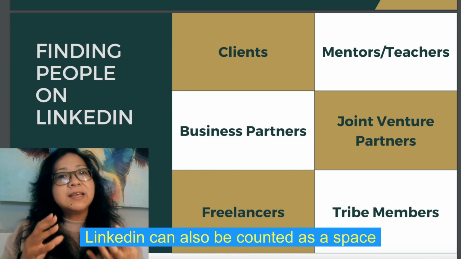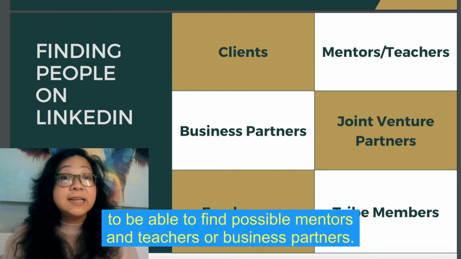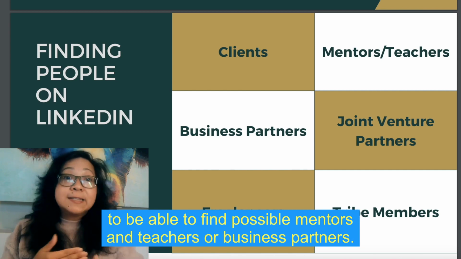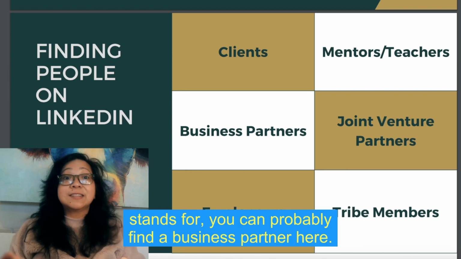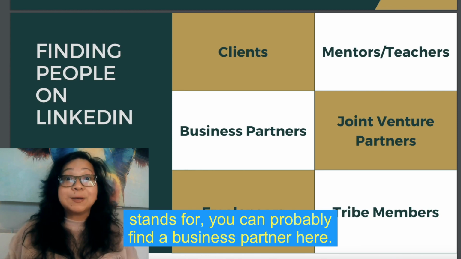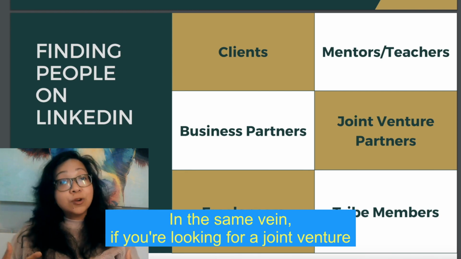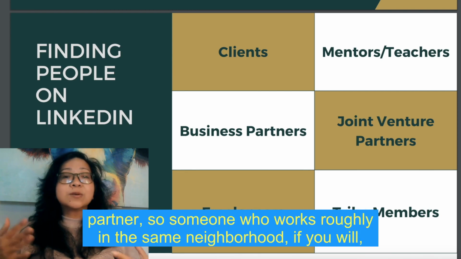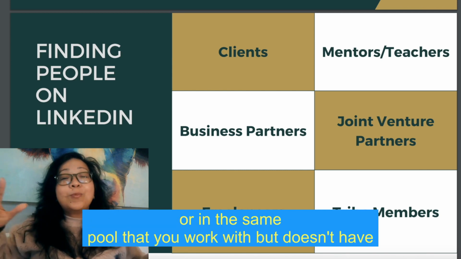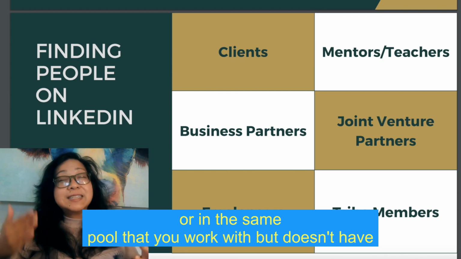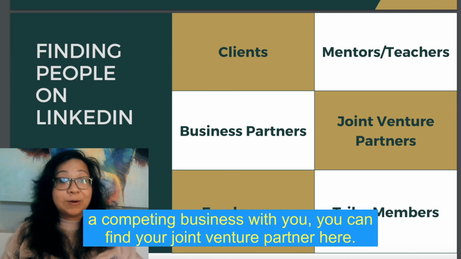LinkedIn can also be counted as a space to be able to find possible mentors and teachers or business partners. If you're looking for someone who's aligned with what your business stands for, you can probably find a business partner here. In the same vein, if you're looking for a joint venture partner, so someone who works roughly in the same neighborhood, if you will, or in the same pool that you work with, but doesn't have a competing business with you, you can find your joint venture partner here.